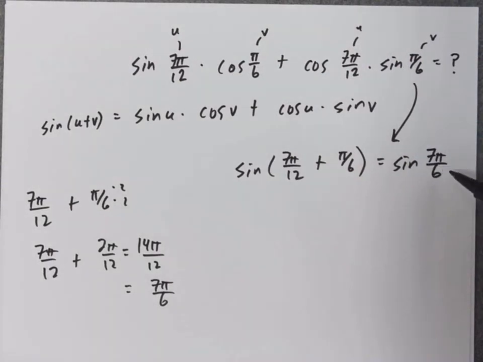So this whole thing I can rewrite as the sine of 7 pi over 6.